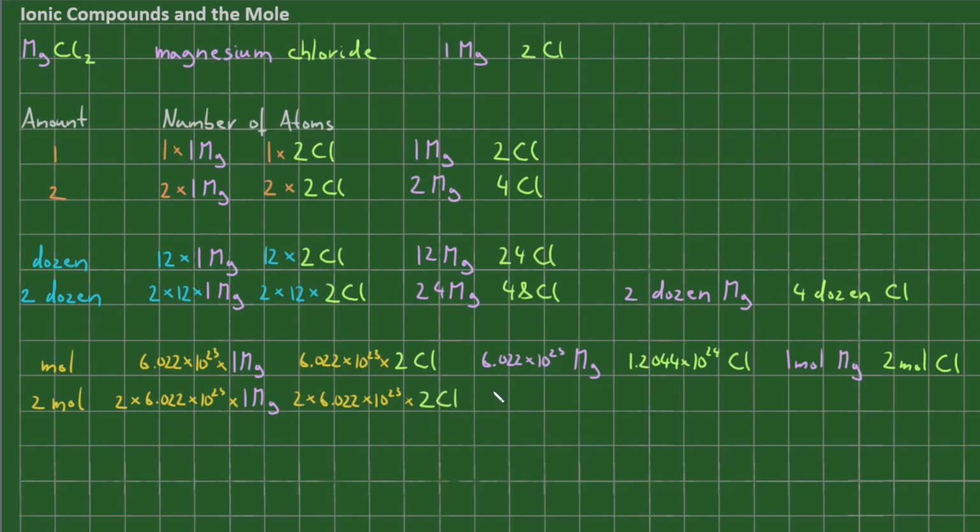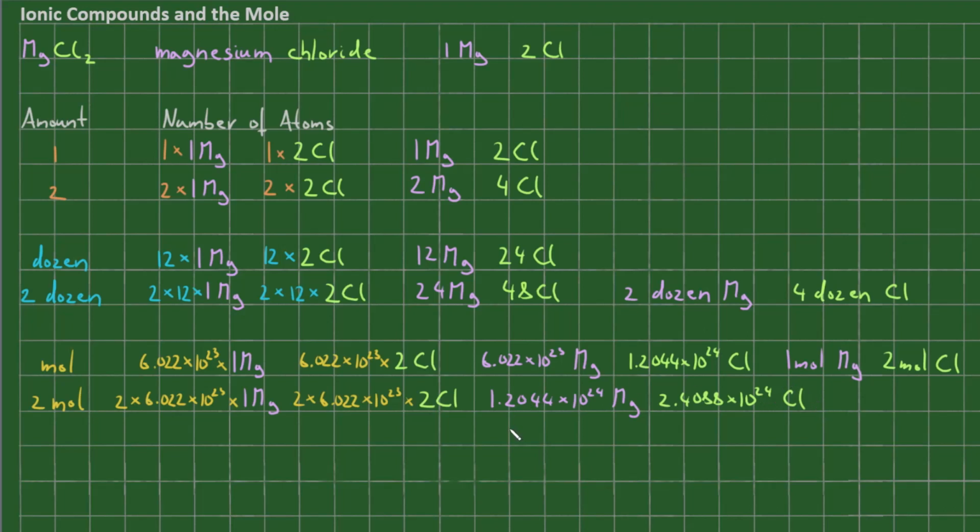This would result in 1.2044 multiplied by 10 to the 24 magnesium atoms and 2.4088 multiplied by 10 to the 24th chlorine atoms.